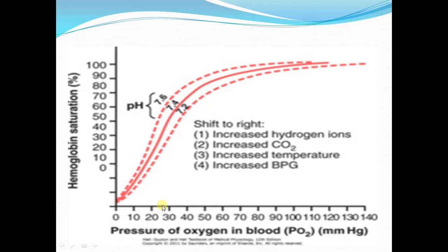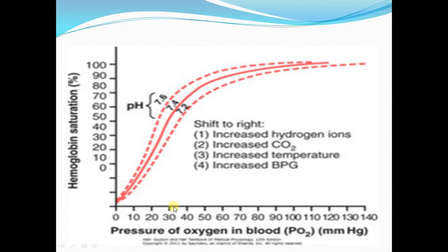Now if the P50 value is increased, let's say it increases from 26 millimeter of mercury to 35 millimeter of mercury, this increase in P50 signifies more dissociation of oxygen from the hemoglobin and the rightward shift of the curve.